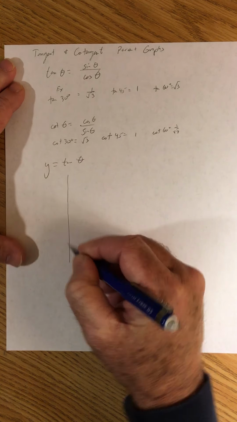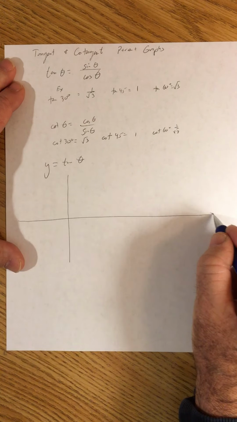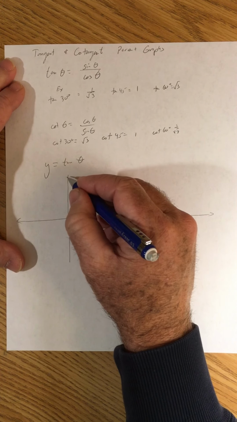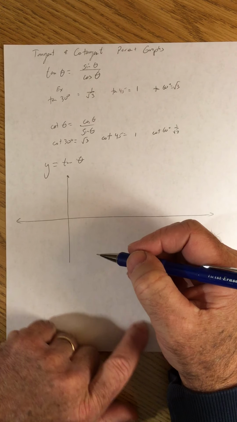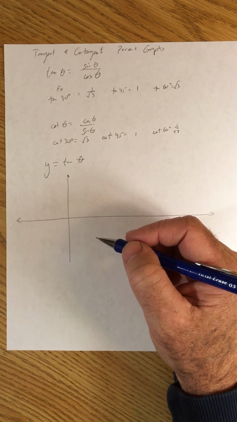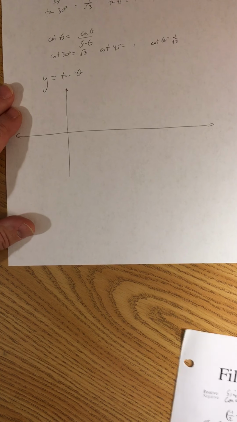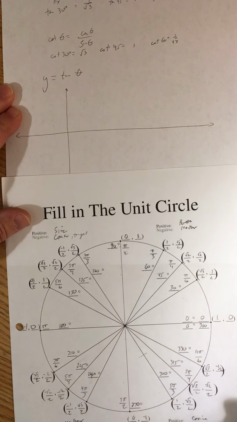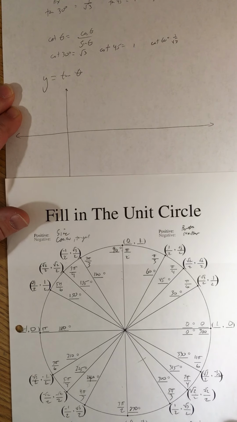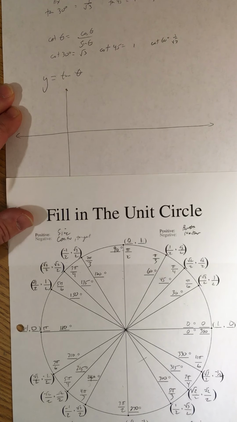If we create an axis, we'll just plot some points. I'll move that up. And I'm going to put my unit circle in here. I think I can see enough of the unit circle to do what I'm about to do.